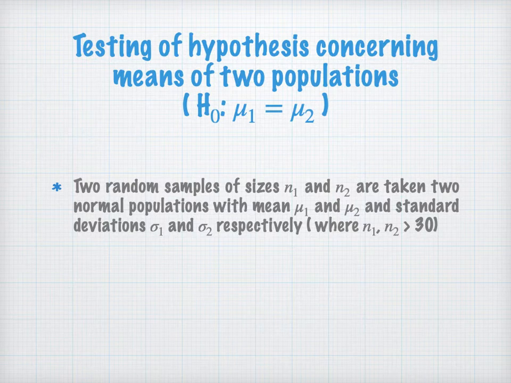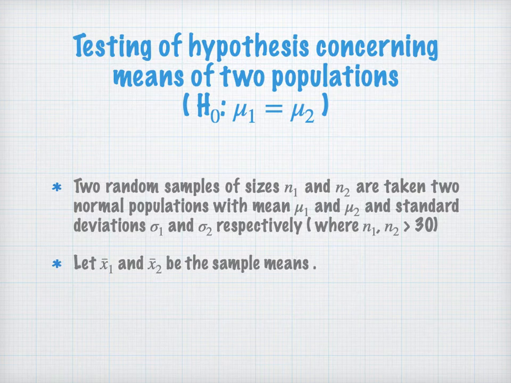So we take two random samples of sizes n1 and n2. These n1 and n2 could be the same number or they can be different numbers too. The two random samples are taken from the two normal populations with means mu1 and mu2 respectively, and standard deviations sigma 1 and sigma 2 respectively.